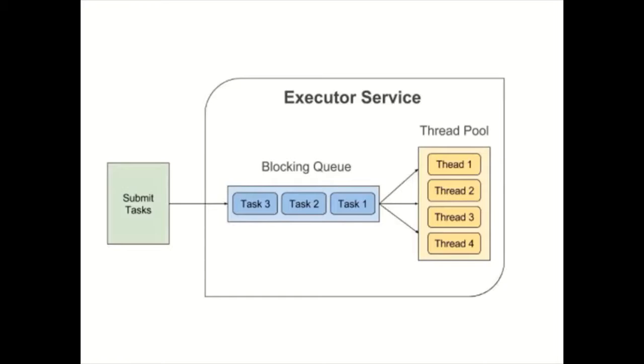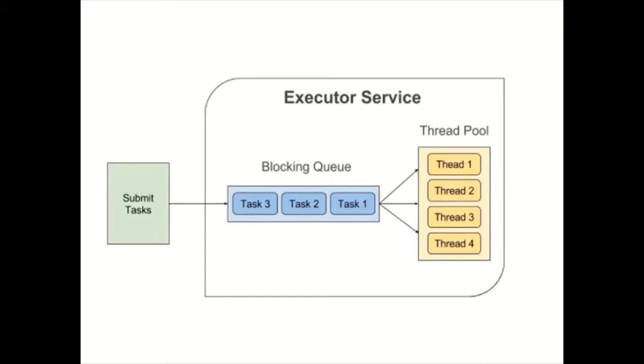Now let's say there is another scenario in which we have only 2 threads in our thread pool, and we have 3 tasks in our blocking queue. What will happen in that case?